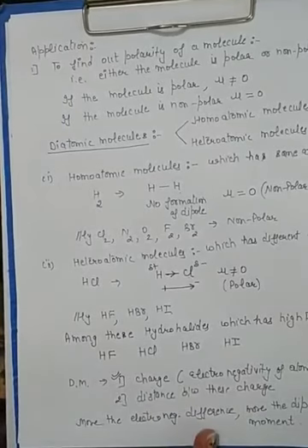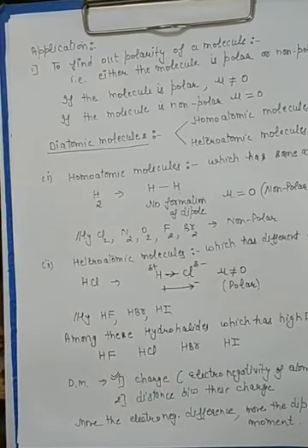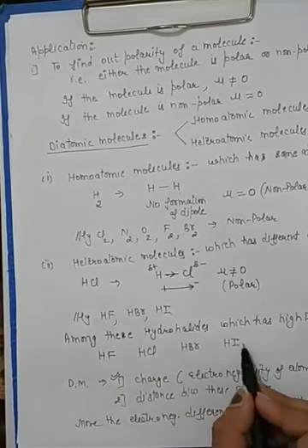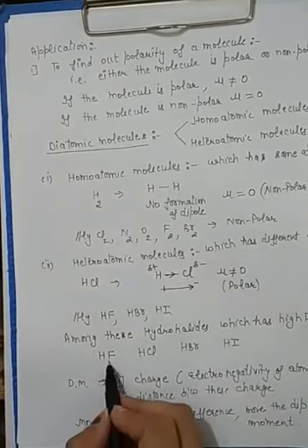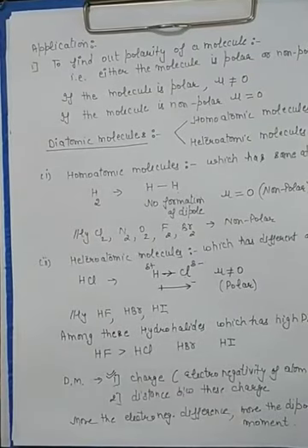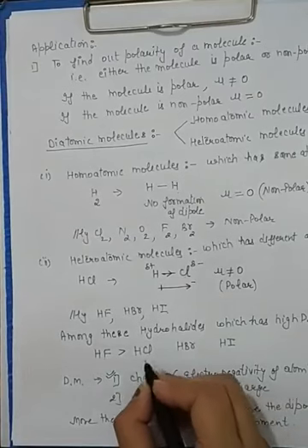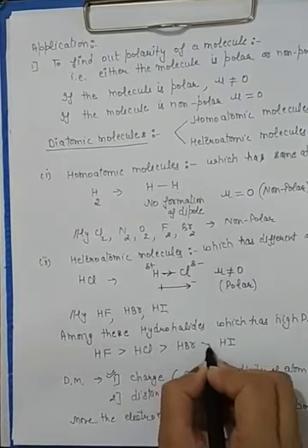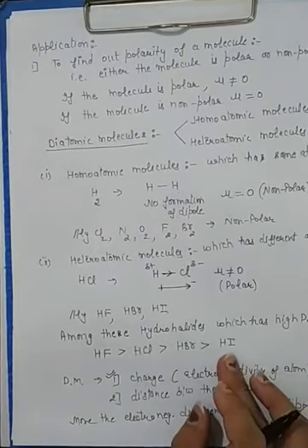Means if the electronegativity difference increases, dipole moment also increases. And among these halogens, which one is more electronegative? Fluorine is more electronegative, hence its dipole moment is the highest. Then HCl, then HBr, and the least dipole moment is of HI.